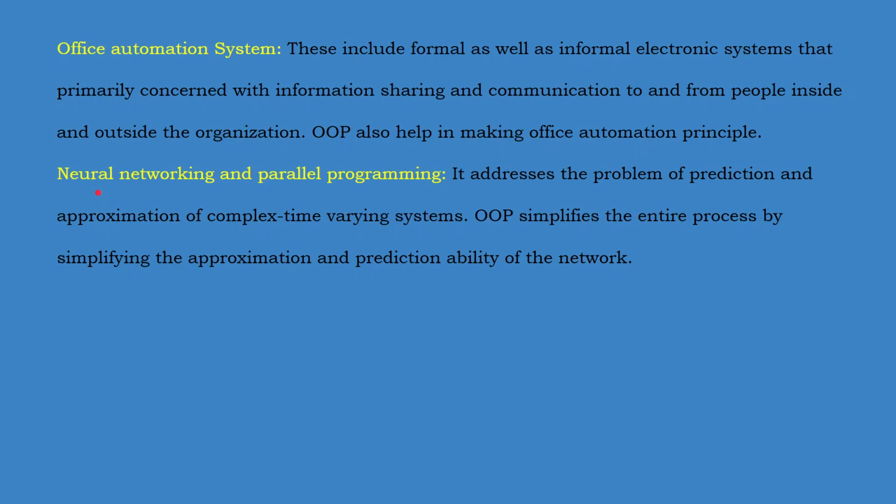Likewise, man has simulated the neurons as a neural network to make the system think like a human being. It's an artificial intelligence. For that, this OOPS concept helps a lot, and OOP simplifies the entire process by simplifying the approximation and prediction ability of the network.